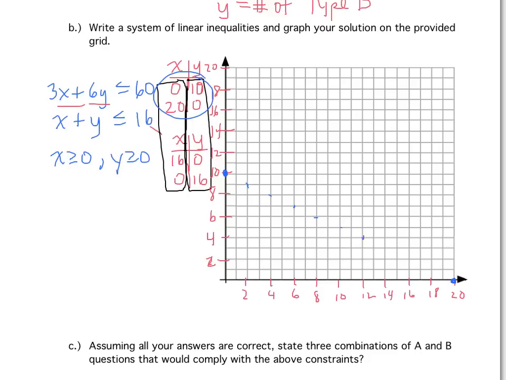That gives me a better indication and more exact points. When I do the second one, I'm going from 16 to 16, which means I'm going down 16 over 16, or 1 over 1.